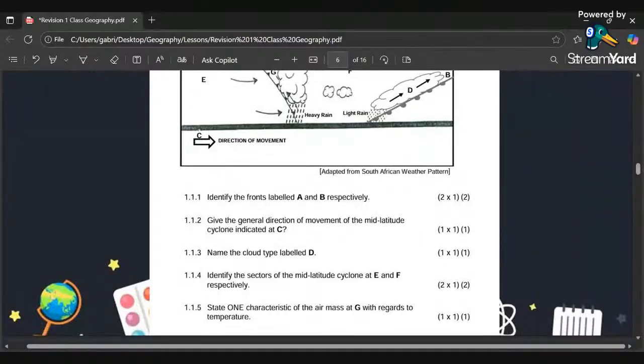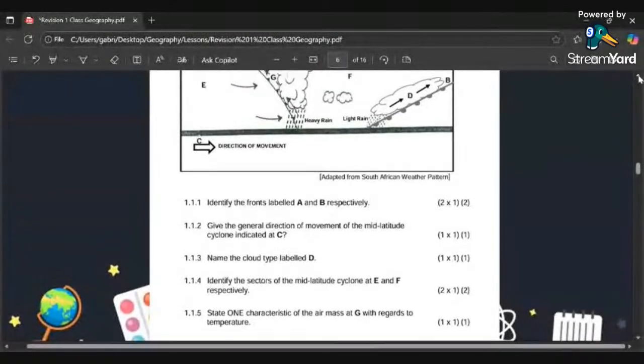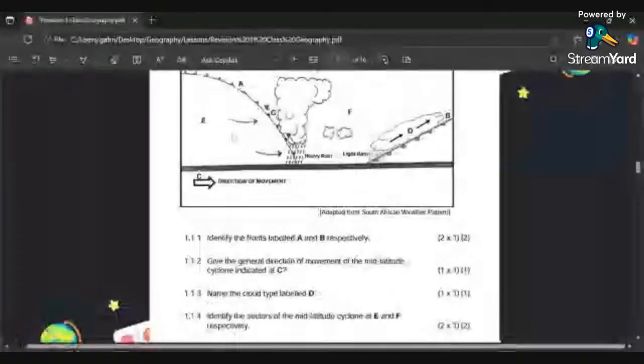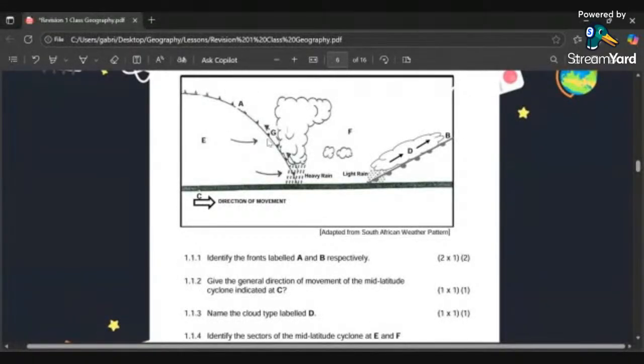So it's important to note what happens in both the sectors, like I said. Behind the cold front, you find the cold sector with cold air that is pushing towards the warm sector.